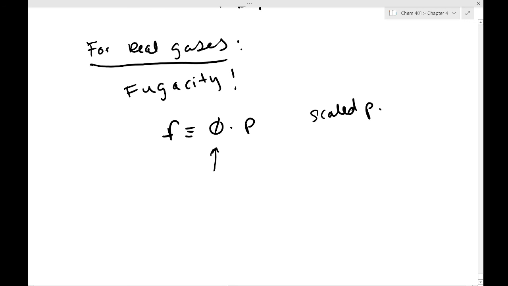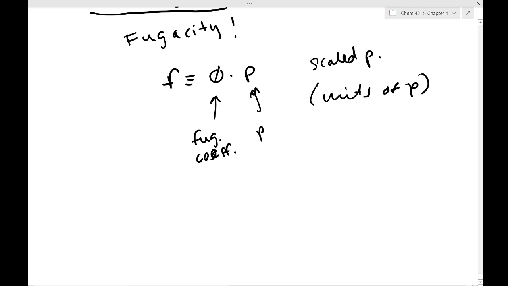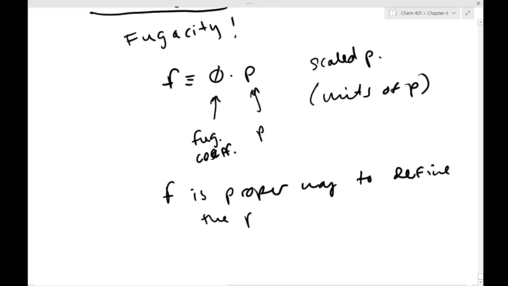This phi here is the fugacity coefficient, and this is the pressure. The fugacity has units of pressure, so atmosphere, bar, whatever you use for pressure, that's the same unit you have for the fugacity. And from now on, fugacity is the proper way to define the pressure of a real gas.